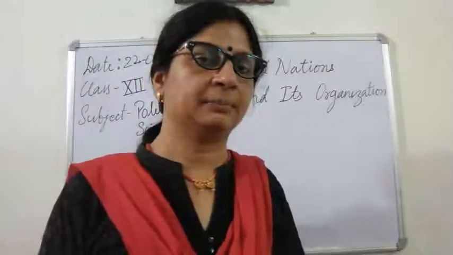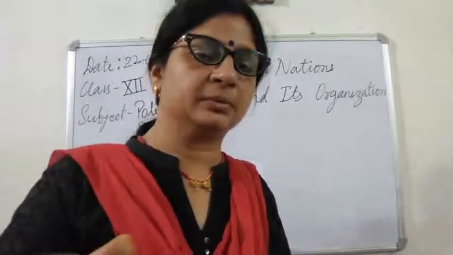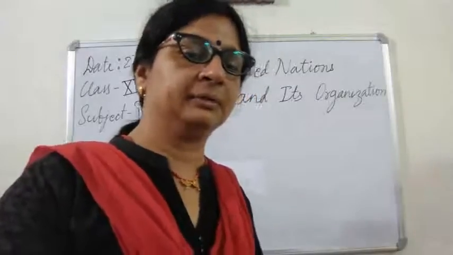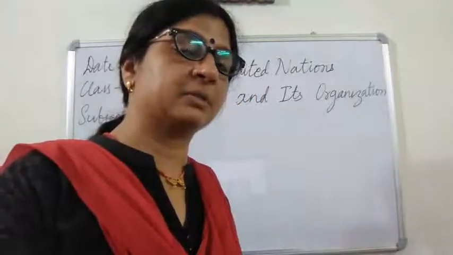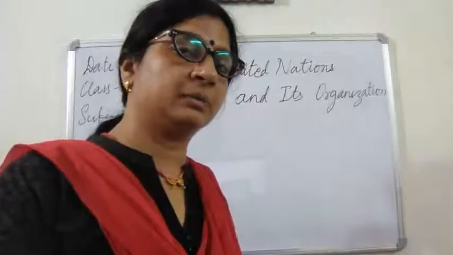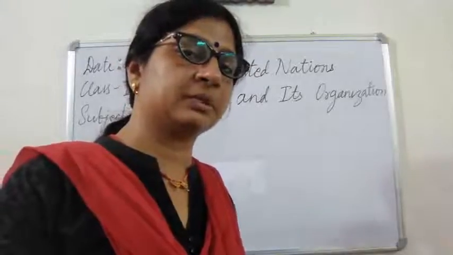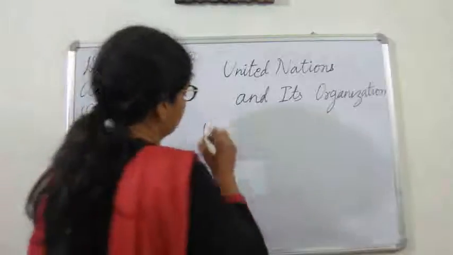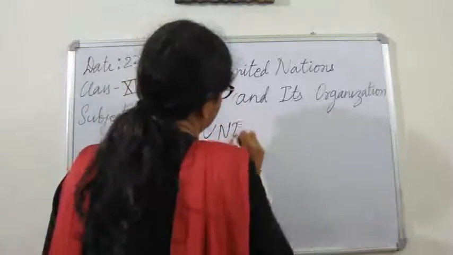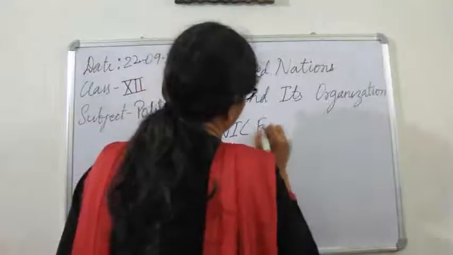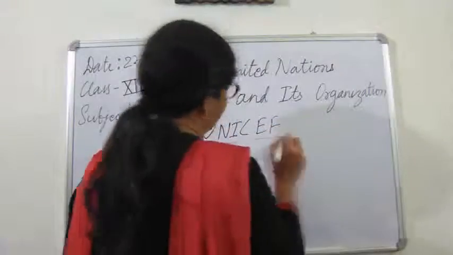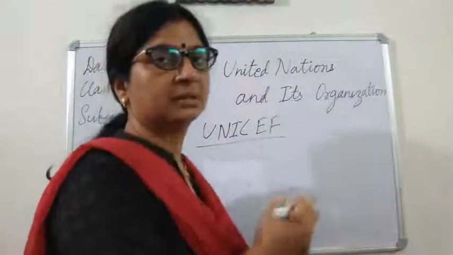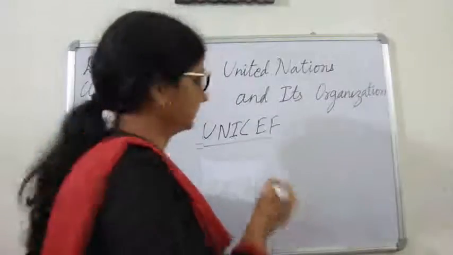In this chapter, we have discussed UNICEF and UNESCO, and now today we will discuss UNICEF and ILO. Okay, so UNICEF is United Nations Children Emergency Fund. This is the full form of UNICEF.